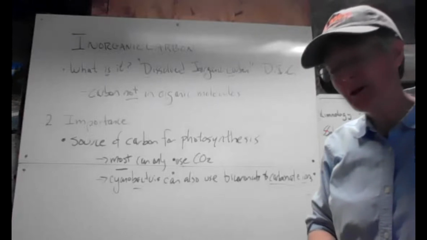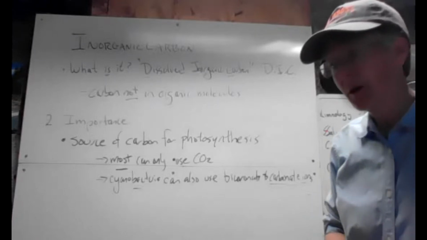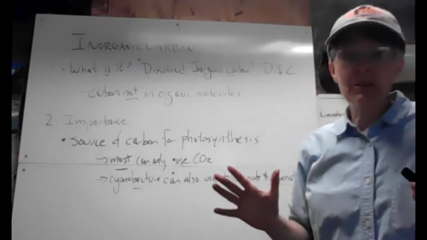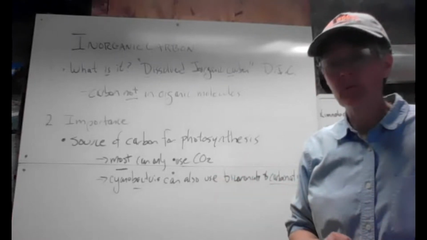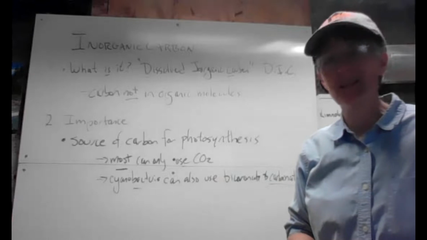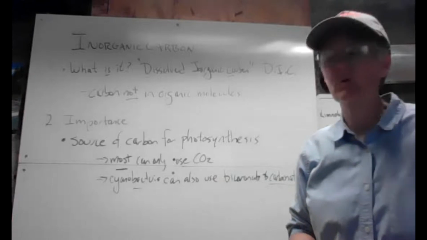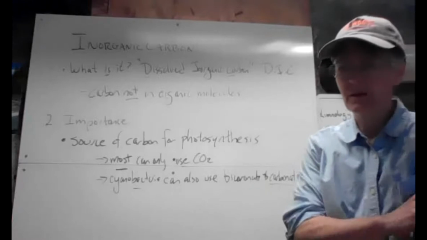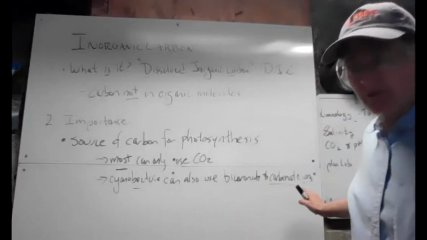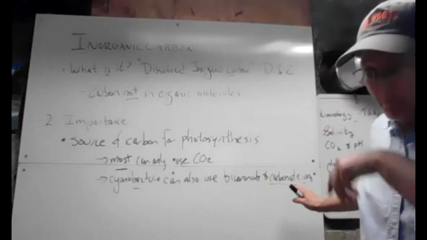Now, a curious thing about cyanobacteria: you find them all over the world in all kinds of crazy environments, but you never find them in acidic water, or much, much less. If it's high pH water, basic, then you can.